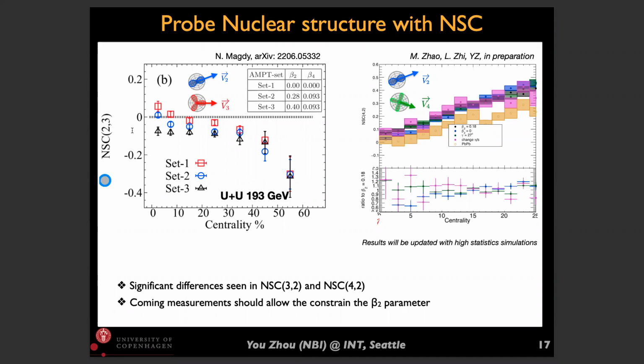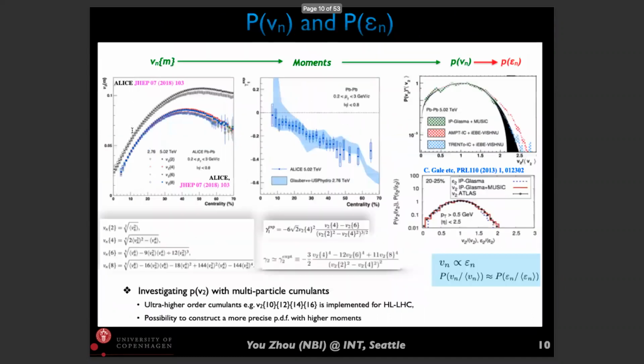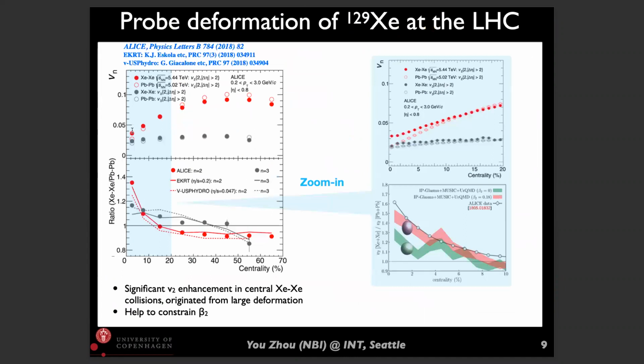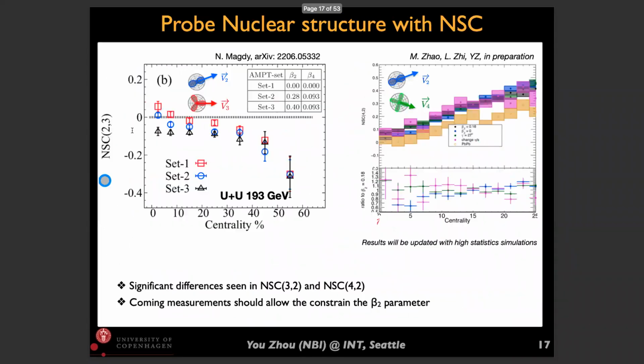If you remember the flow results, it was a simple V2 measurement; the difference starts to be seen in central 0 to 10%, maybe even 0 to 5%, if you have a precise calculation. And for some of these complicated observables like normalized symmetric cumulants, you might see a deviation around 15 or 20%, which extends the central region.